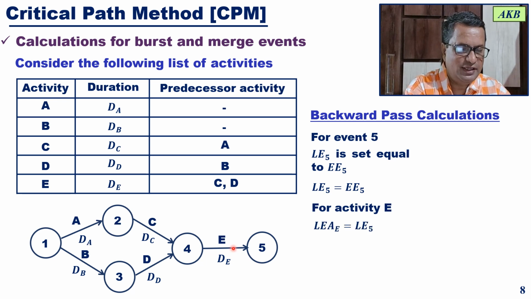For activity E, the latest end time for activity E is the latest event time for event 5.